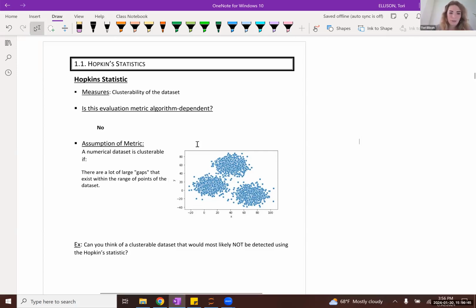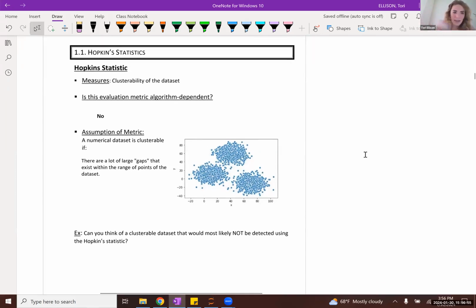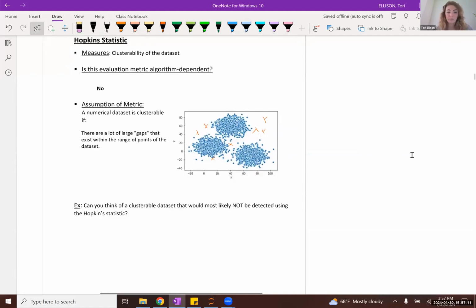So for instance, we've more or less put a range around the X, or we've focused the window of X-axis and Y-axis points around this data set here. And so for instance, we do see a lot of gaps that exist within this range of points. So our Hopkins statistic assumption might in fact say that this is a clusterable data set, which we can see that it is.